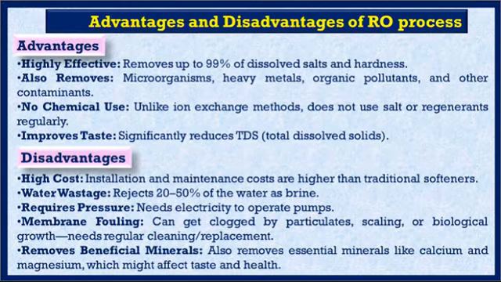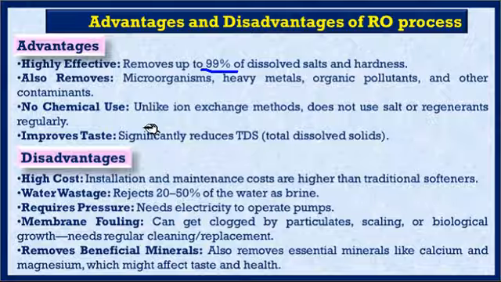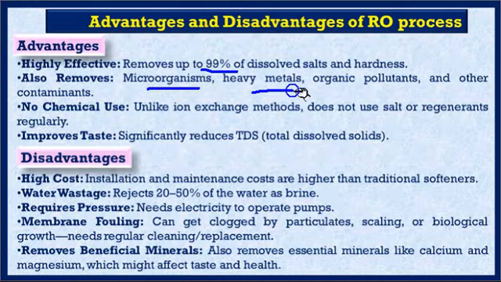Now, what are the advantages and disadvantages of the RO process? The advantages are, first, it is highly effective. It removes up to 99% of the dissolved salts and hardness causing salts from the water. Second, it also removes microorganisms, heavy metals, organic pollutants and other contaminants from the water.